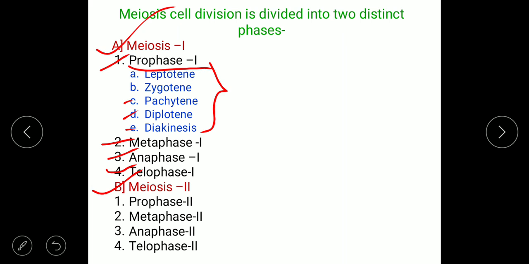And meiosis-II cell division is nothing but mitosis. It is very similar to mitosis, and it also takes place in 4 phases: prophase-II, metaphase-II, anaphase-II, and telophase-II.